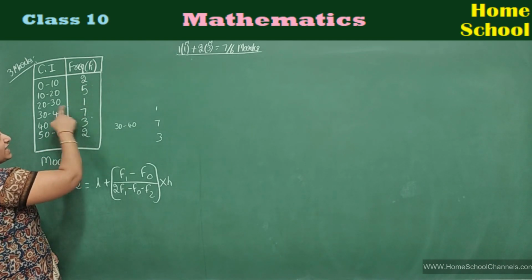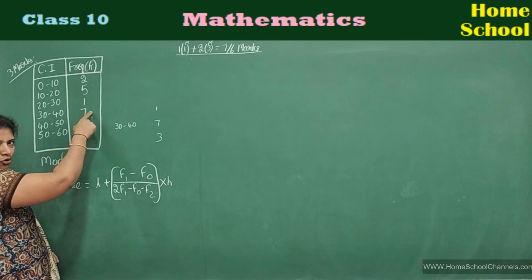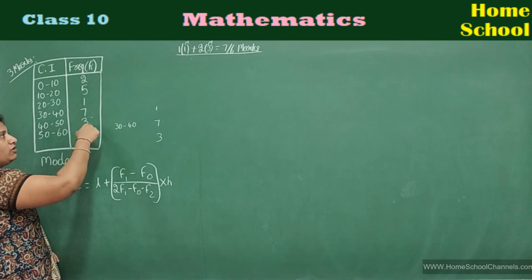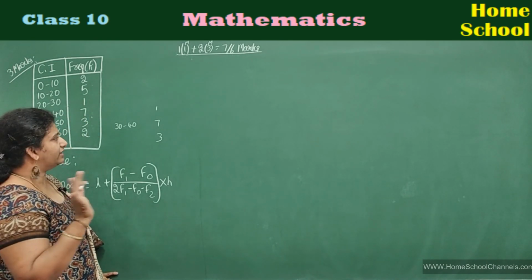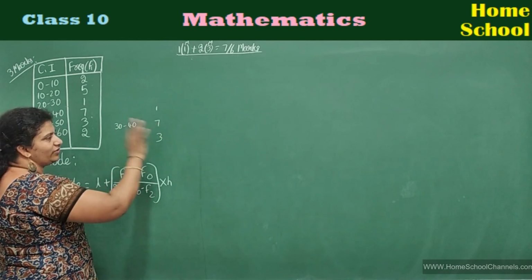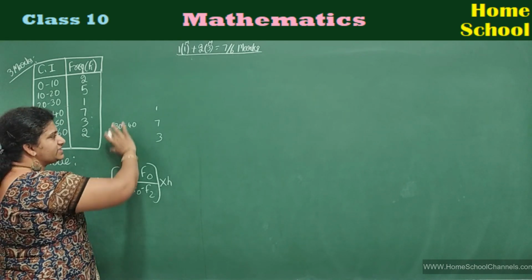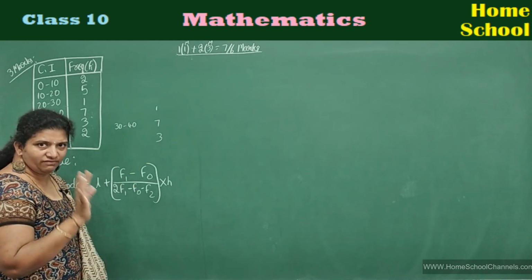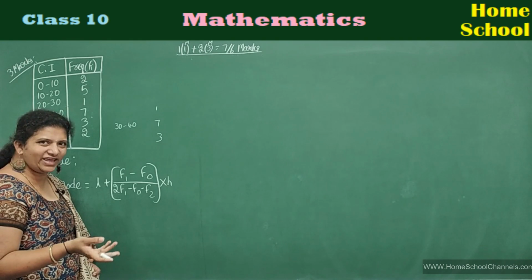So for 7, I need the frequencies in the rows above and below. That means I need 30 to 40 with 7, and 1, 3. Only this much if you are able to identify in a given problem, calculating mode is very easy.